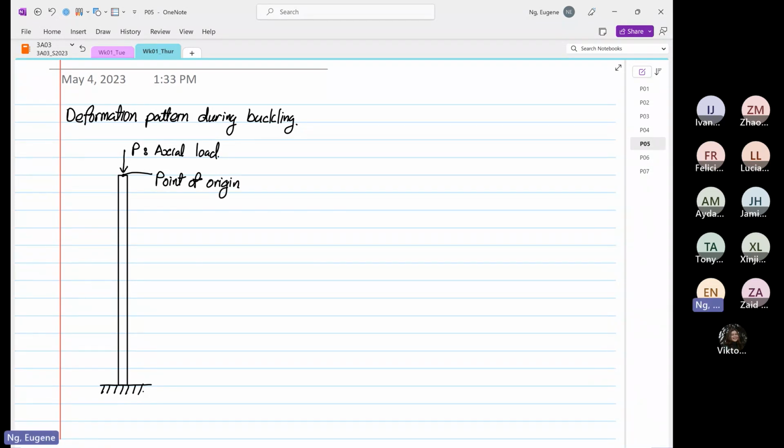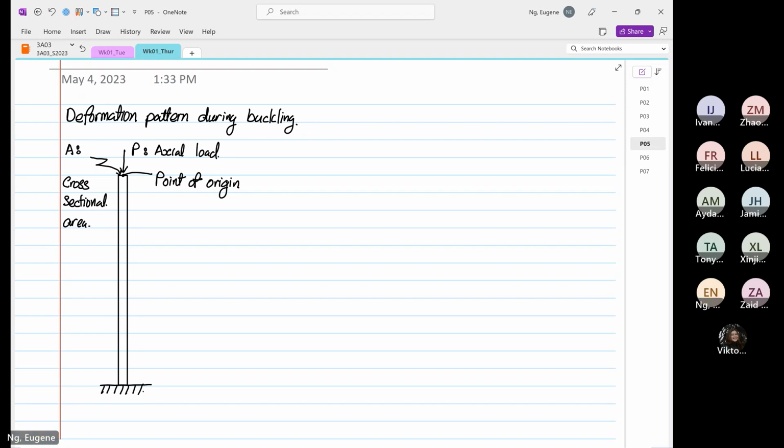So basically, it's our datum. And then over here, we have our A. Our A is the cross-sectional area.